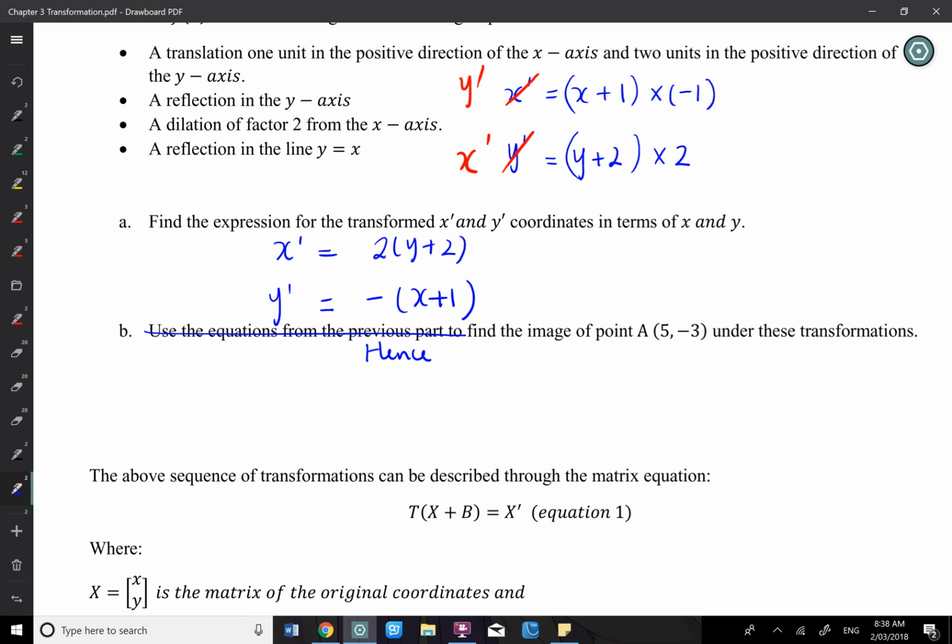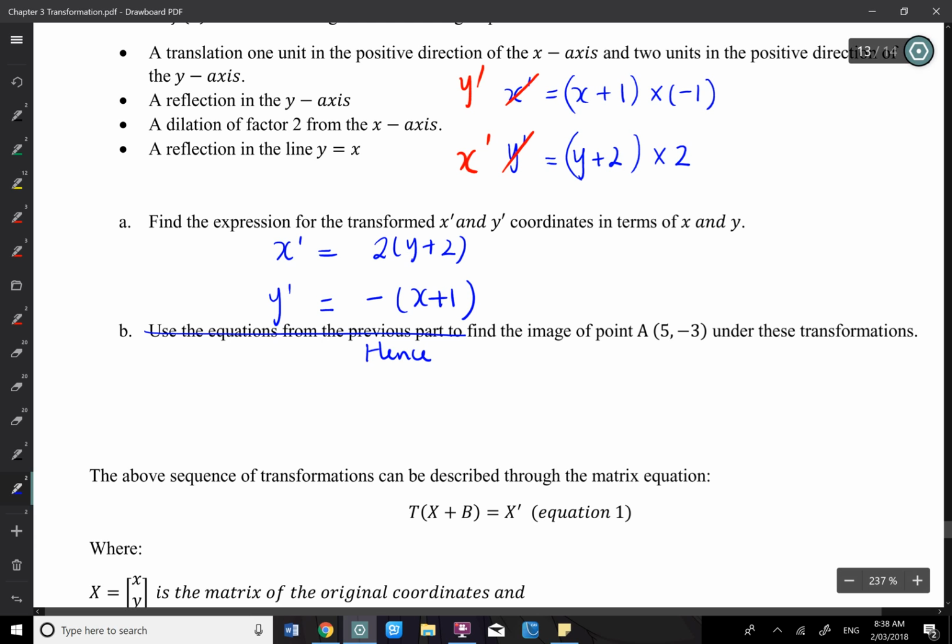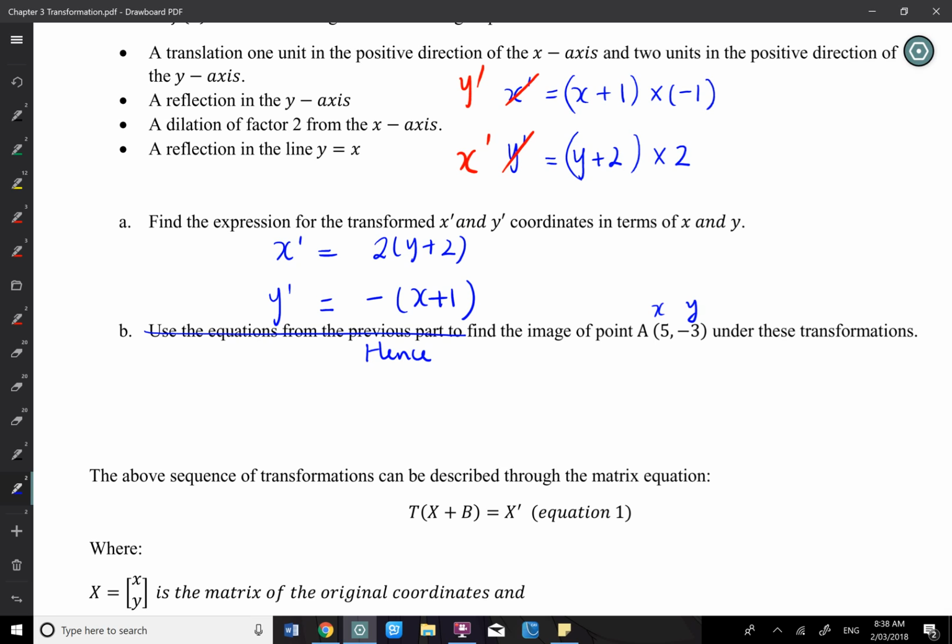Now we can see it asks us to hence find the image of the point A under this transformation. So this is the original point x and y. It is the same as what we learned yesterday. Give you the old point, and I want to see after the transformation what is the new point.